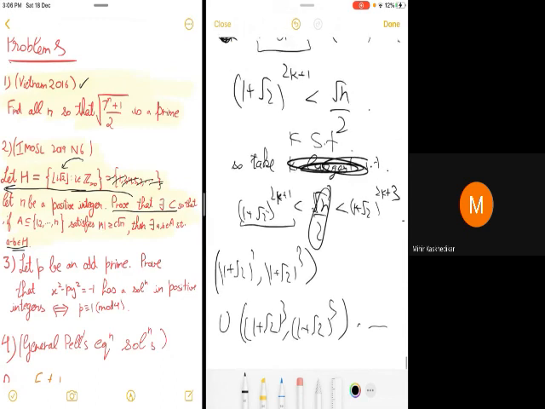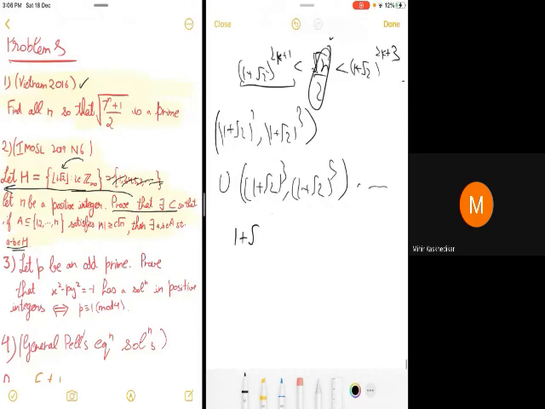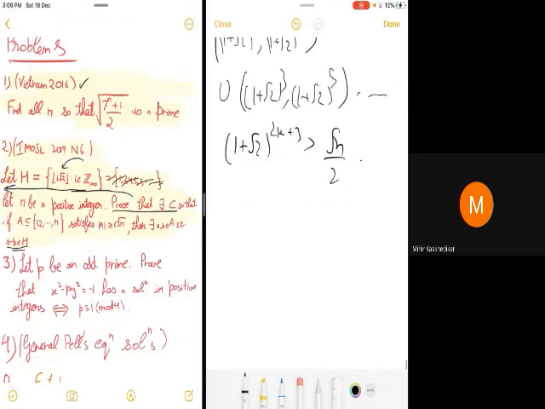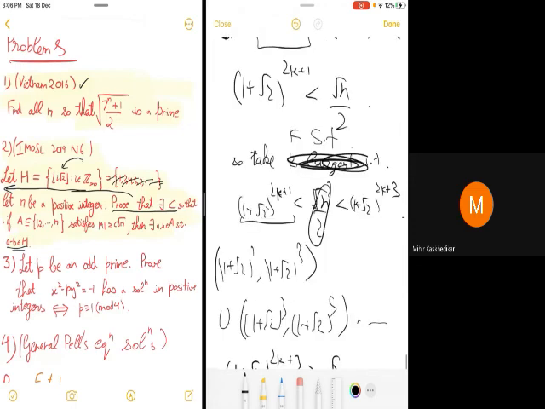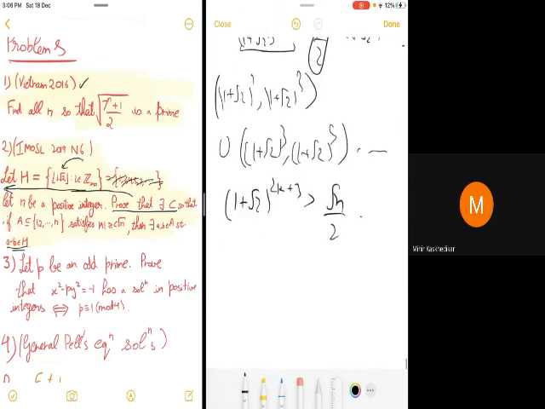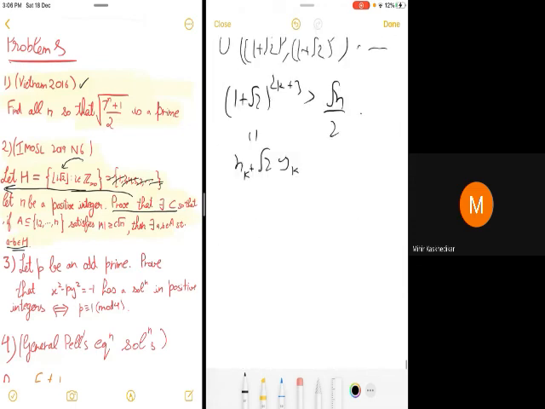So we have (1 plus root 2) power 2k plus 3 is greater than root n over 2, and this is equal to xk plus root 2 yk. And notice that because xk square minus 2yk square is minus 1, we have that xk is less than, let's say, 2yk.